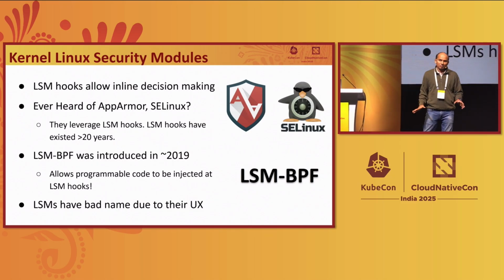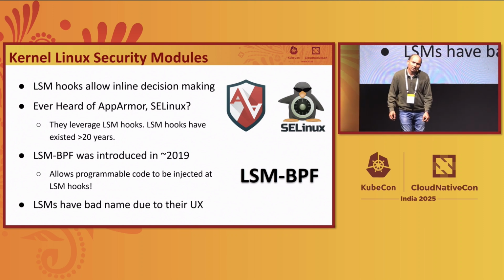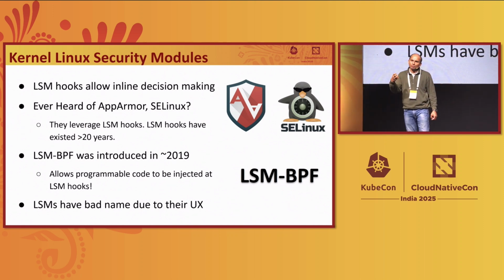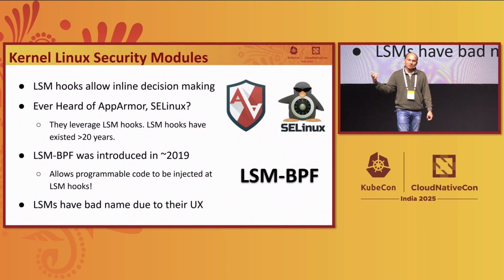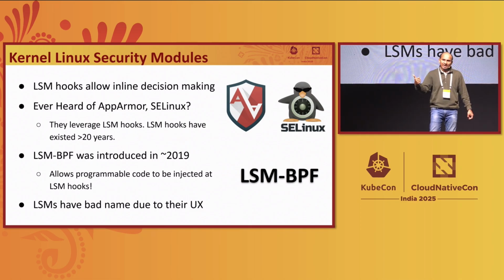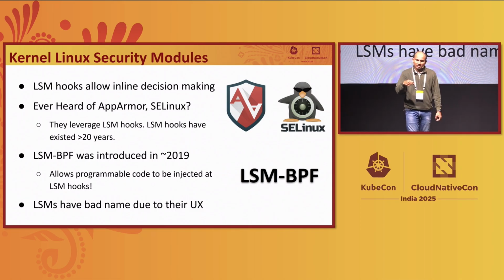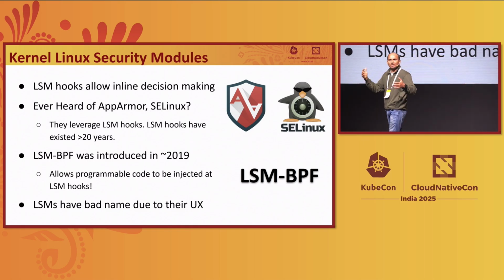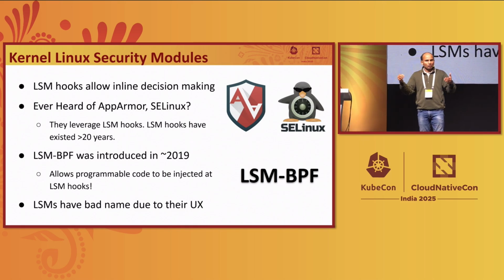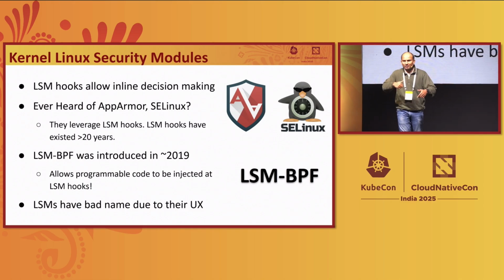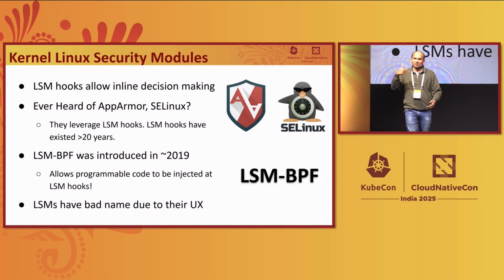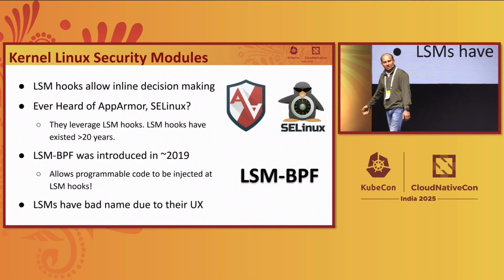Everyone has LSM-BPF enabled by default. What it allows you to do is inject user-specific policy, converted into bytecode, at LSM hooks. Why LSM hooks? Because LSM hooks do not suffer from certain security issues such as TOCTOU, time of check to time of use. If you have a detect and respond model, by the time you detect and respond, things might have already changed. Those problems do not exist with this kind of system.